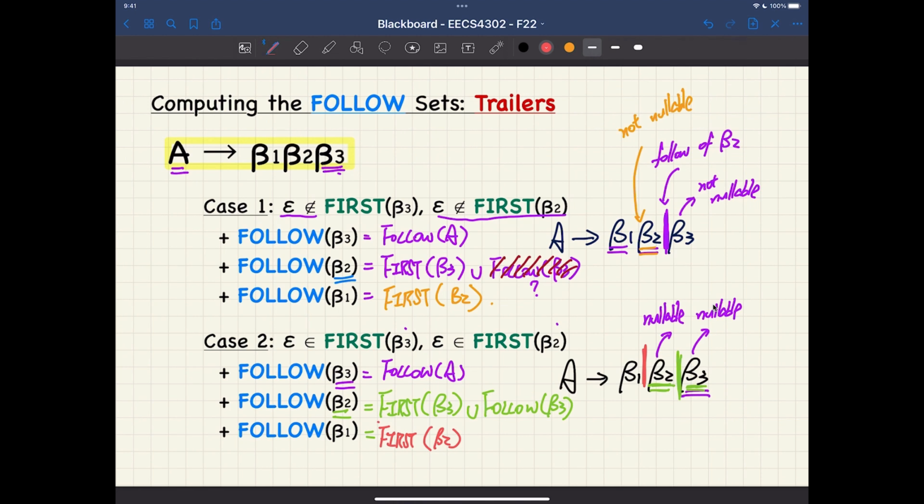Yeah, exactly over here, right? Okay, absolutely. The union, okay, so when this is actually null, then we can definitely see the first of beta 3. First of beta 3. And also when this is also null, we can also see the follow of beta 3. And of course, follow of beta 3 is simply just a follow of A, which is over here, which we can also look up in the map.